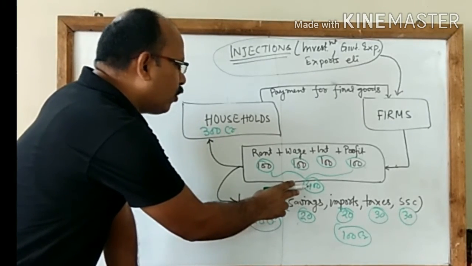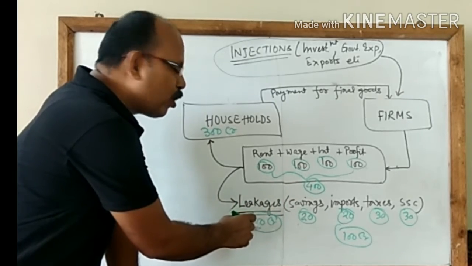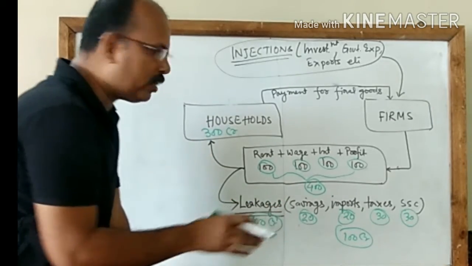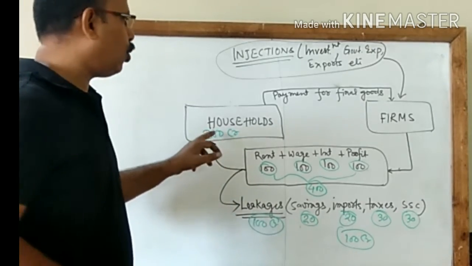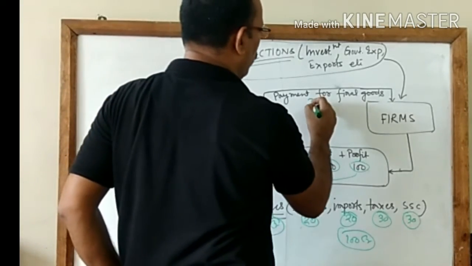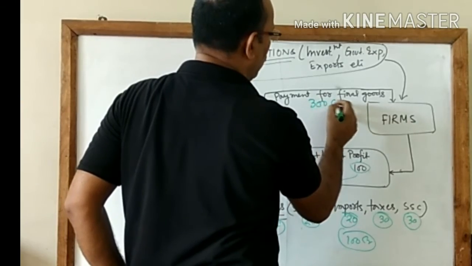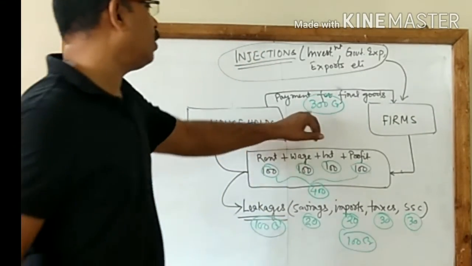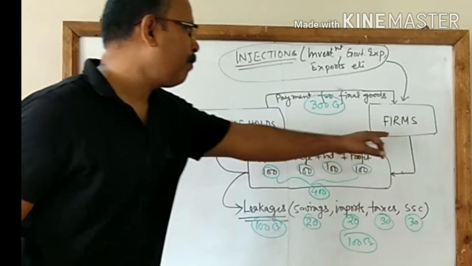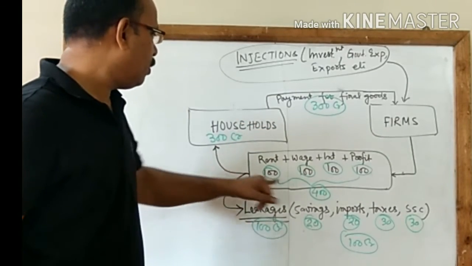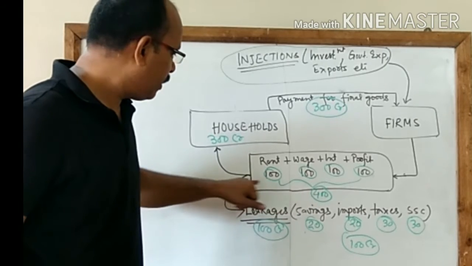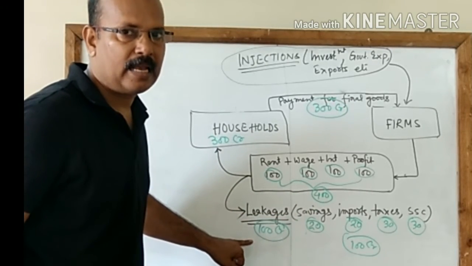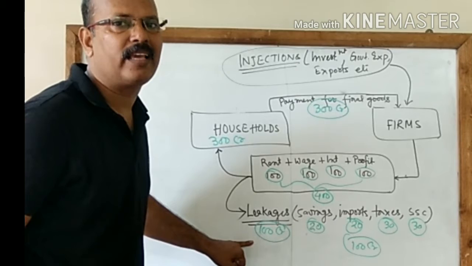So automatically, out of 400 crore, 100 crore rupees has gone out of circulation and the households have got 300 crore rupees. So automatically they will make payment for final goods and services of 300 crore rupees. See, from the firms to the household it was flowing 400 crore rupees, but on the way, 100 crore rupees has gone out of circulation, that is a leakage.